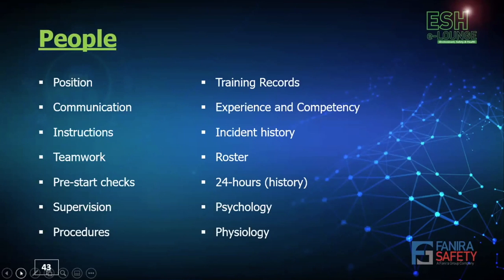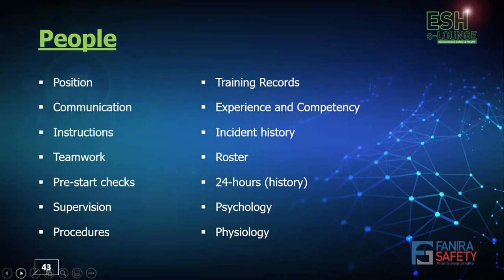Some of the other things to look at is then the position of the worker, the communication that took place, any additional instructions, whether they be the normal or outside the norm, pre-start checks, supervision, procedures, the incident history, experience and competency, the roster in which the team was working under, and what transpired in the last 24 hours.